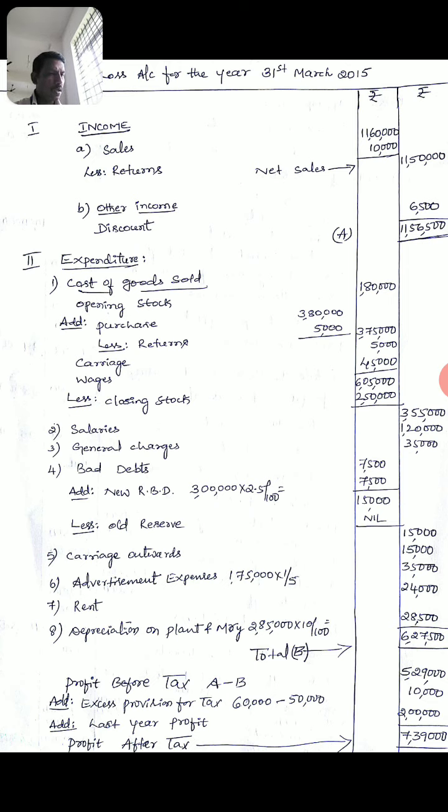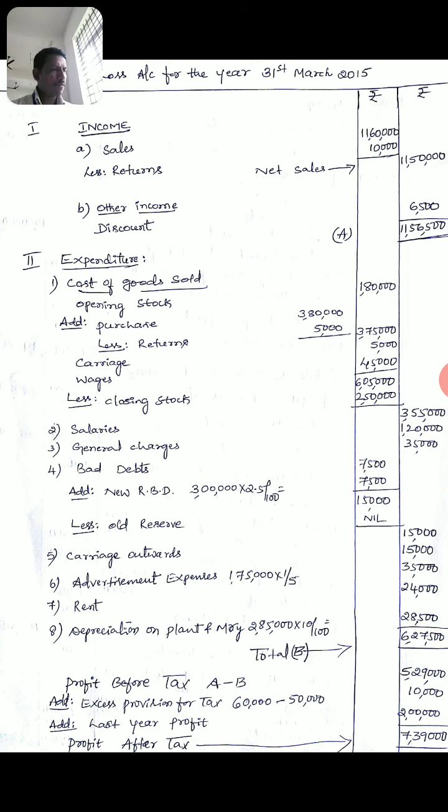So the total expenditure is rupees 6,27,500. The total income is 11,56,500. The total of B, that is expenditure, is rupees 6,27,500.